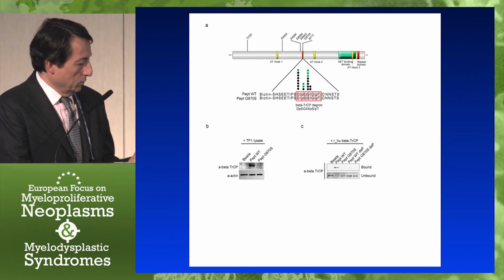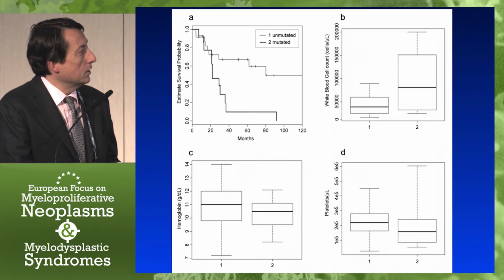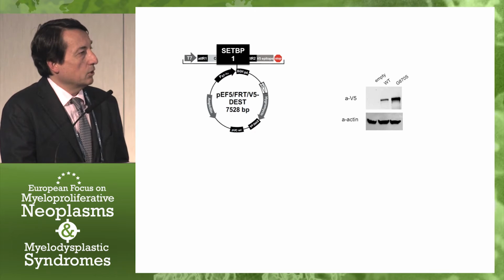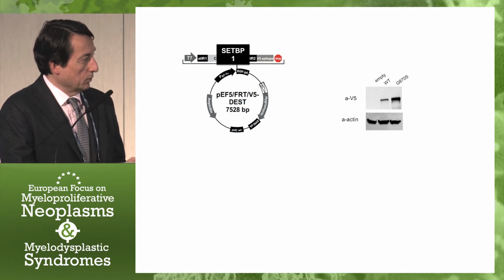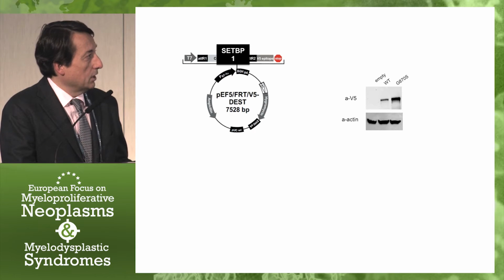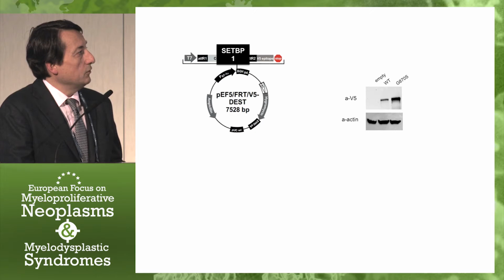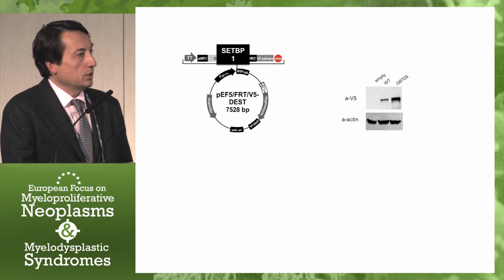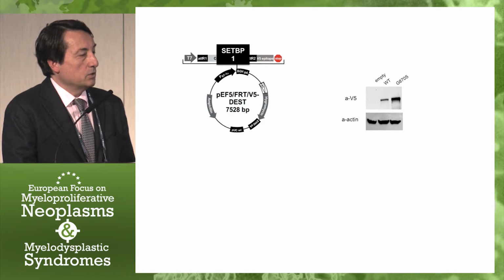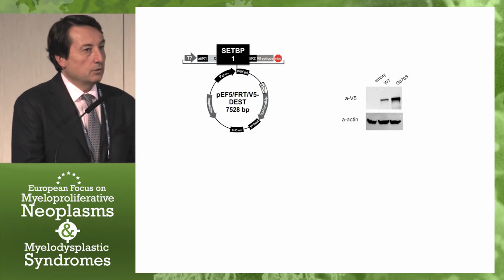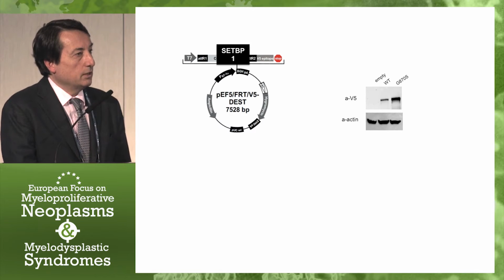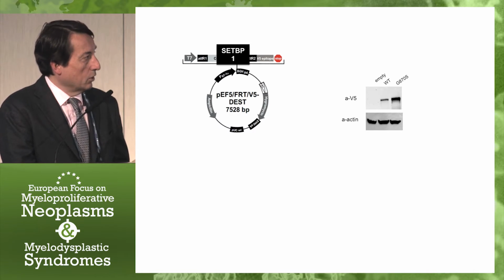And indeed, we also confirmed this using Flp-In technology, where you are sure to transfect only one copy of each gene. And again, you can see that the amount of protein is dramatically different if you have transfected one copy of the wild-type SETBP1 or one copy of the mutated gene. So in other words, the net effect of this mutation is to decrease the degradation of the protein and to increase the protein level of the gene.